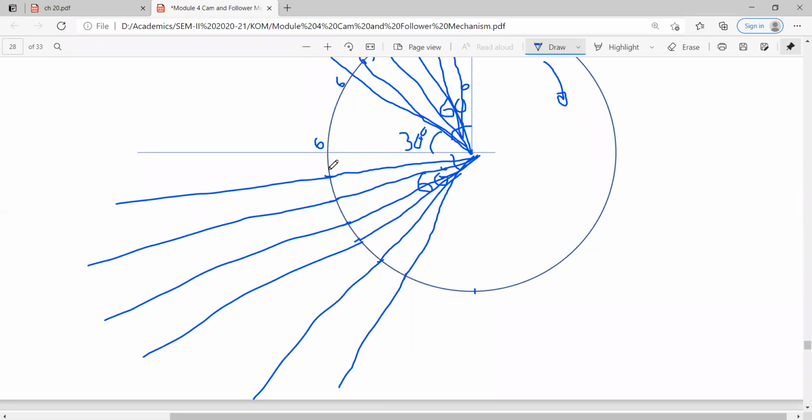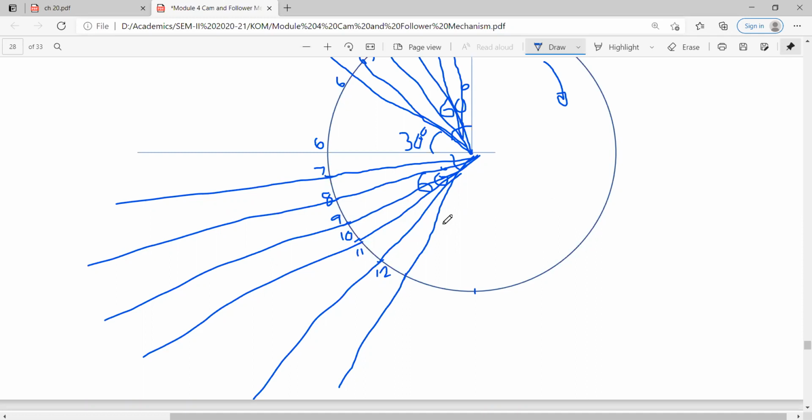So 6 is here. Here it will come 7. Here it will come 8. Then 9. Then it is 10, 11. So there is 2 times 6. 6, 7, 8, 9, 10, 11, 12.